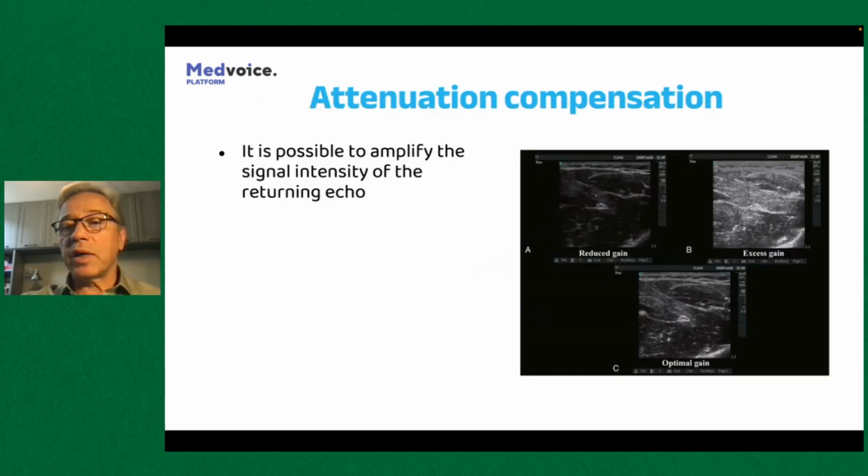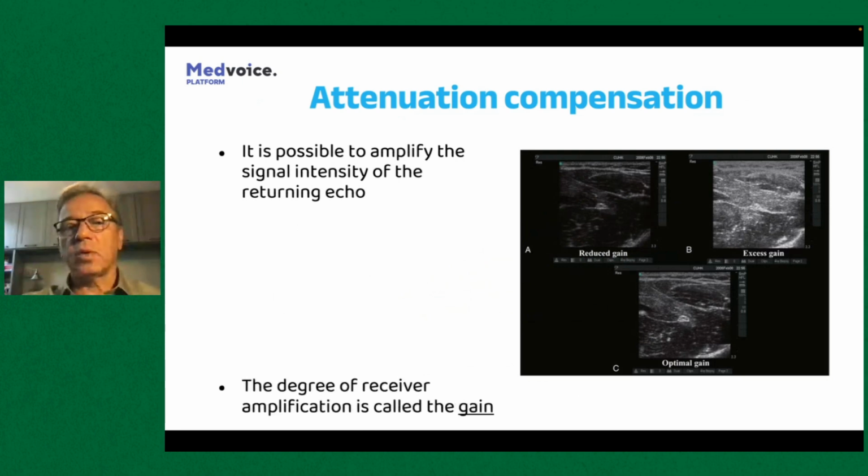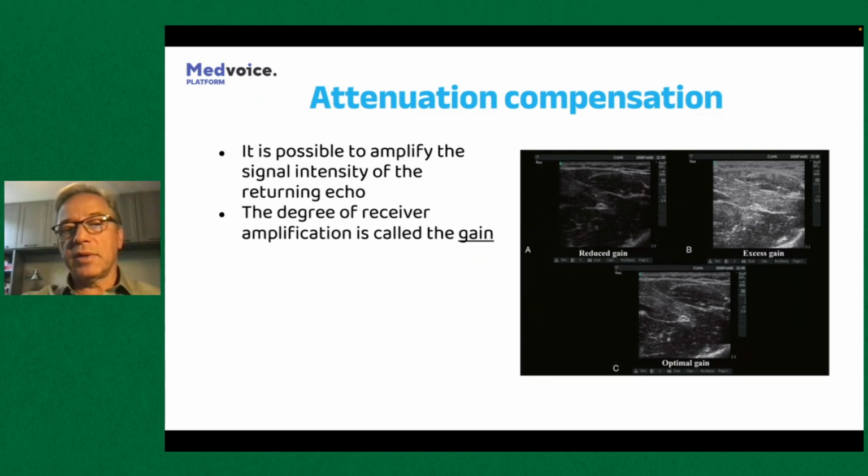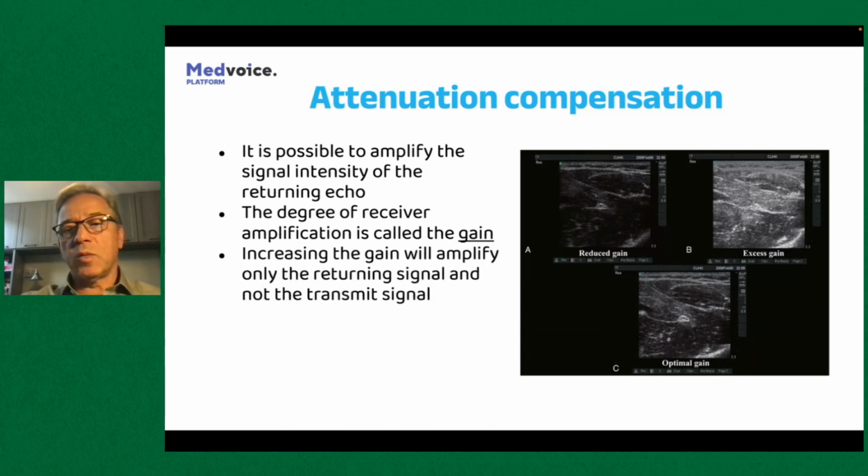How can we compensate for attenuation? It is possible to compensate using something called gain, which is the degree of receiver amplification. When we're increasing the gain, it will amplify only the returning signal, but not the transmitting signal.